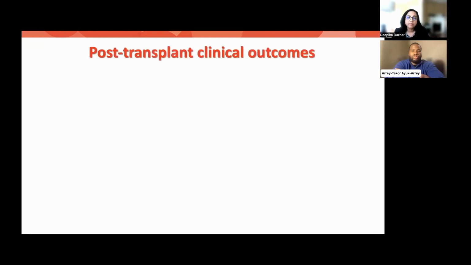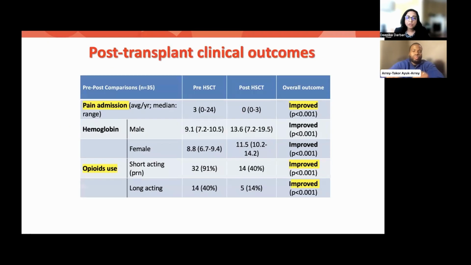Next slide, please. So what we saw is that in patients who were successfully transplanted, pain admissions, as you can see highlighted here, improved significantly. Pre-transplant, the range of admissions was 0 to 24, and this is cumulative data, not just one person. After transplant, they reduced to 0 to 3 per year.